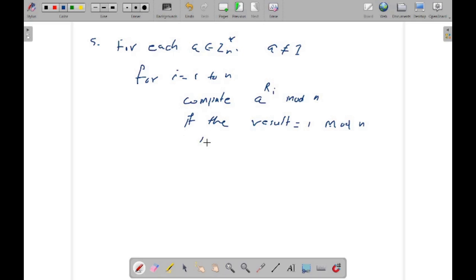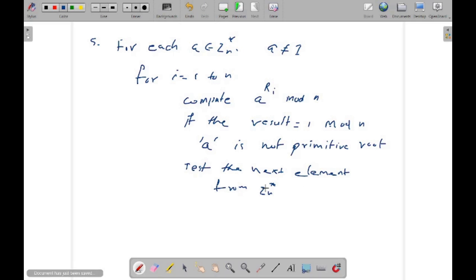If the result is 1 mod n, the element a is not a primitive root. You take the next a and test the next element. This is the procedure.